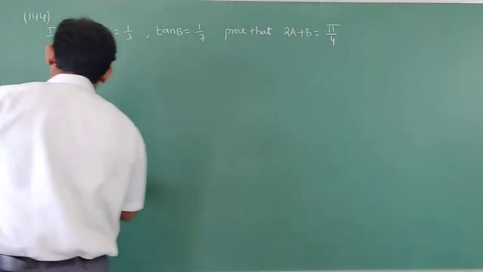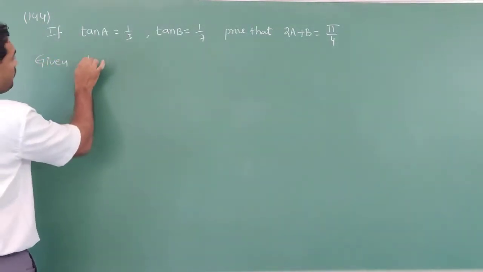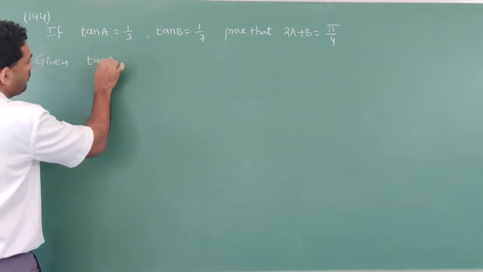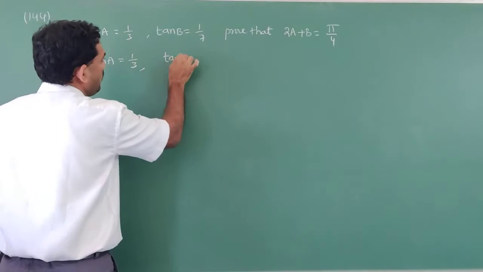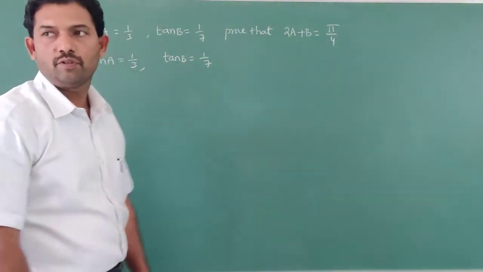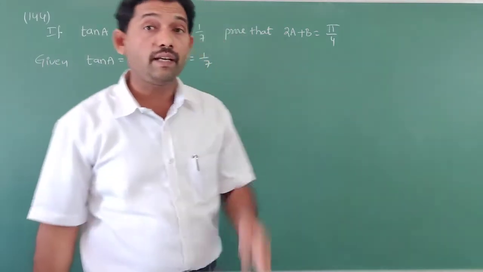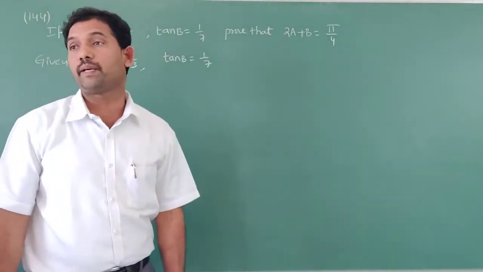So what is given data? Given tan A equal to 1 by 3, tan B is equal to 1 by 7. We are going to simplify 2A plus B is equal to pi by 4.